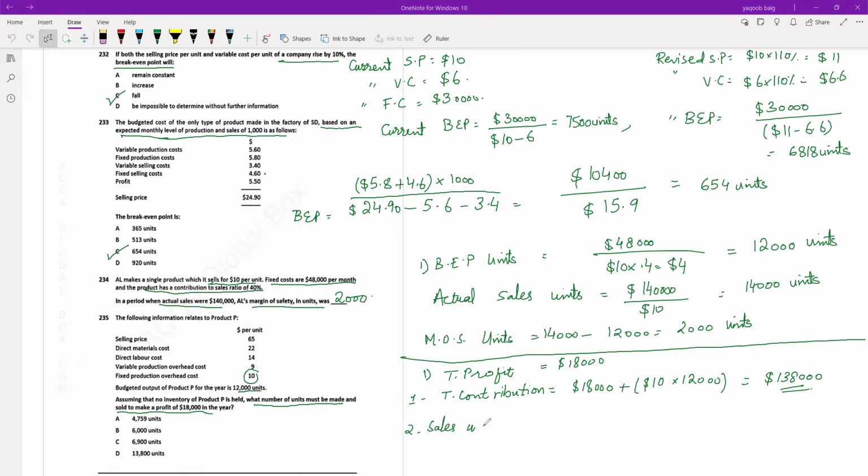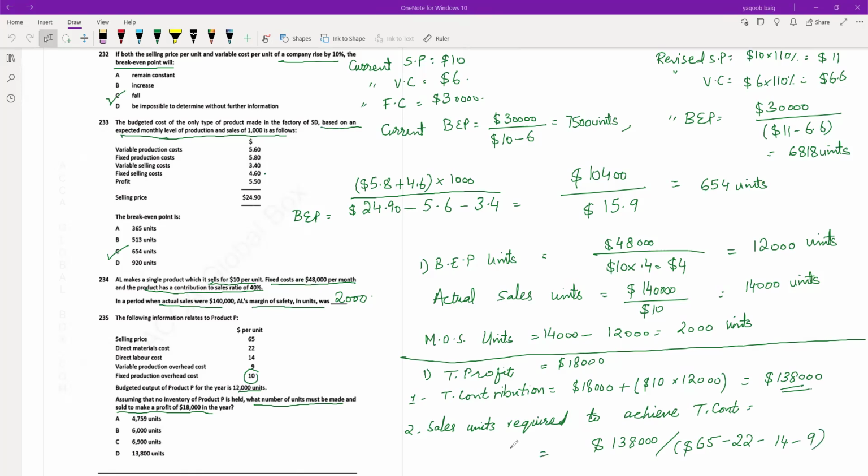Number two, sales units required to achieve targeted contribution is equal to 138,000 divided by contribution per unit, 65 minus 22 minus 14 minus 9.